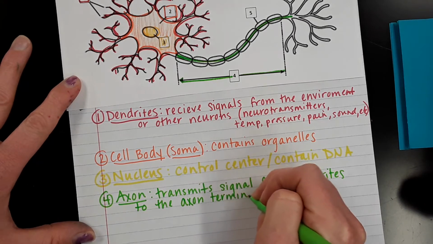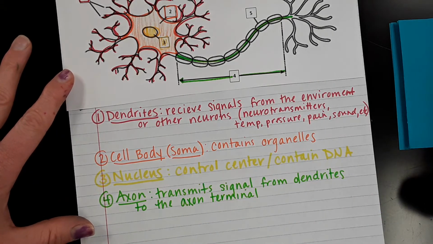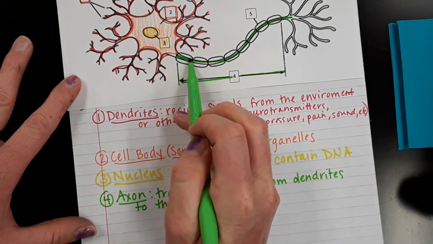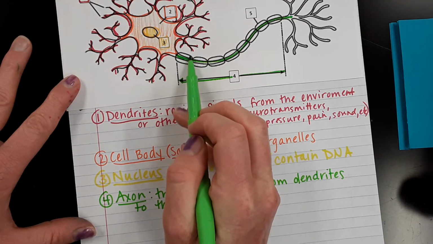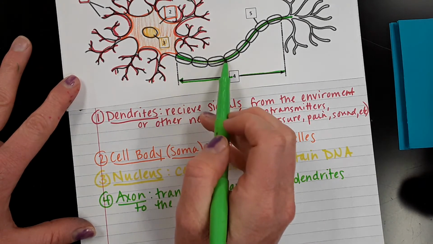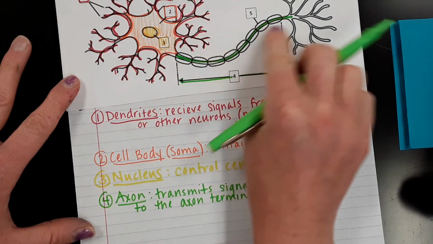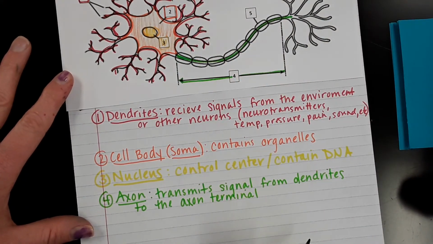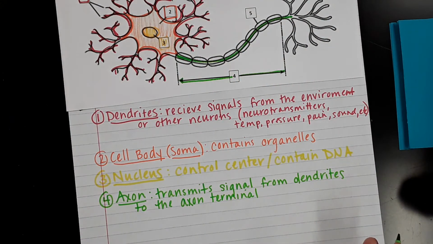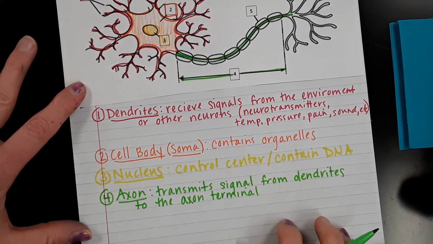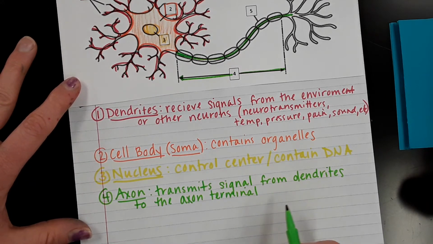And it's going to do this with something called an action potential. And so this right here, there's actually a cell membrane, and so it's going to be ions like sodium and potassium moving back and forth across the cell membrane there that's going to create that electrical impulse. So it's actually ions moving through those protein channels. All right, and this is going to require a ton of energy because it's going to move through active transport.